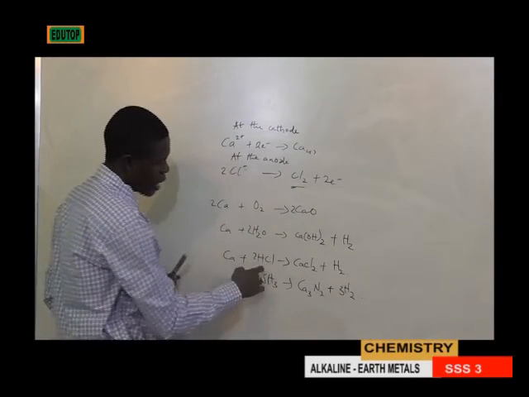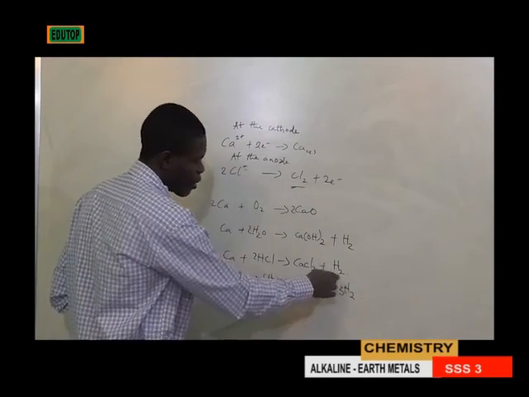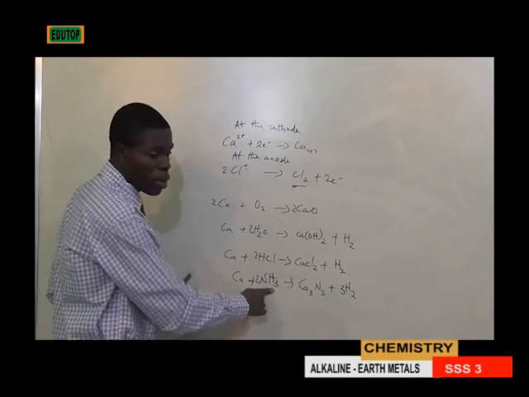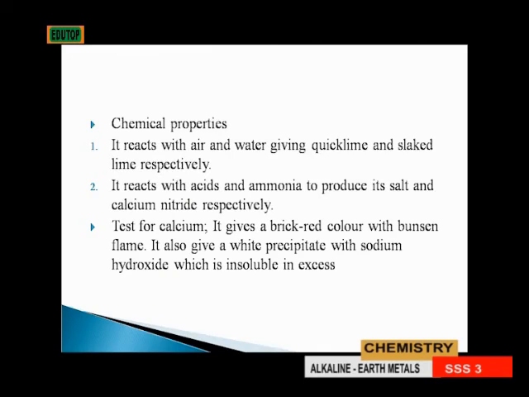So here it reacts with acid to give calcium chloride and hydrogen gas, while it reacts with ammonia to give calcium nitrate and hydrogen gas. Test for calcium. It gives a brick red color.